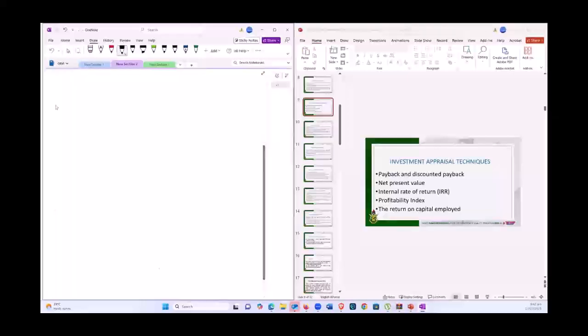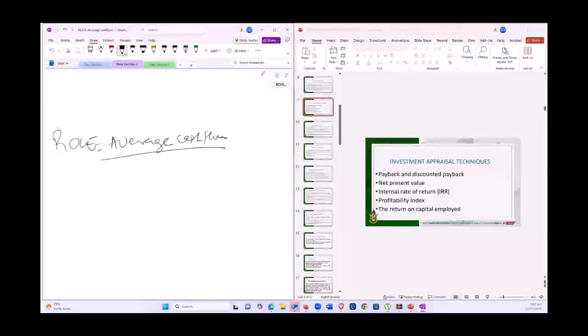The return on capital employed rule equals average cash flow over initial investment.